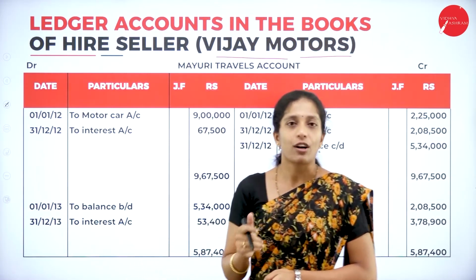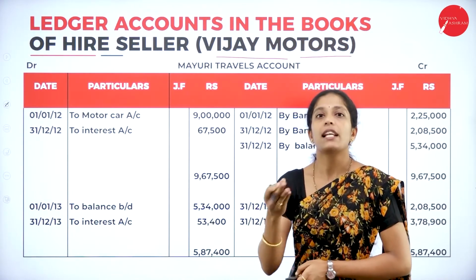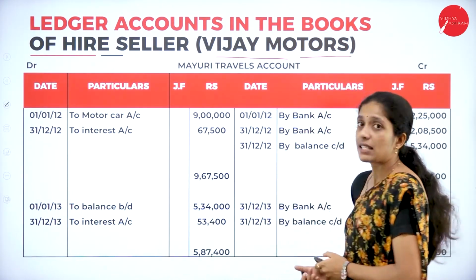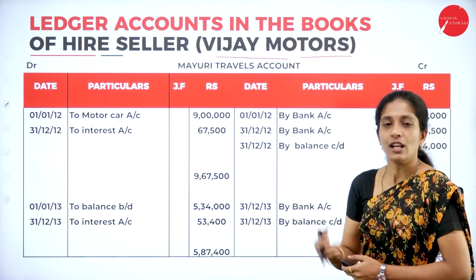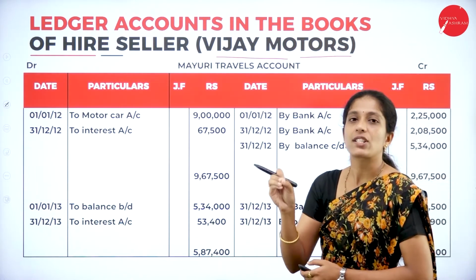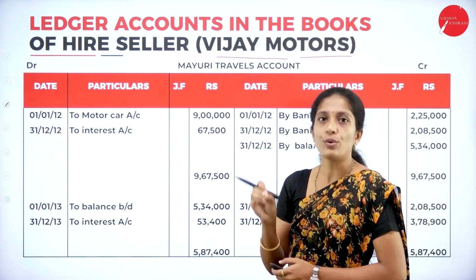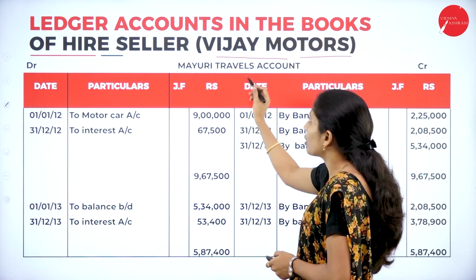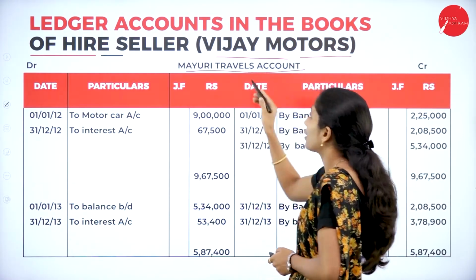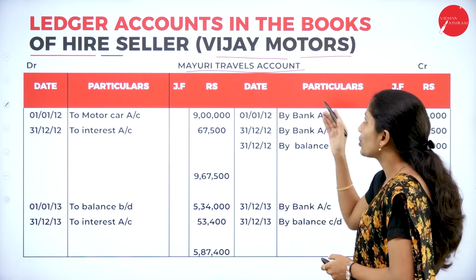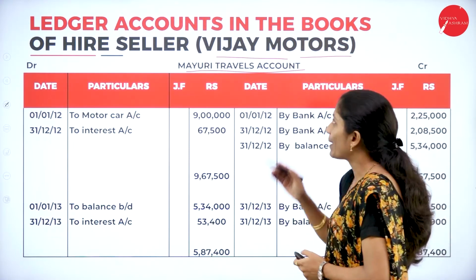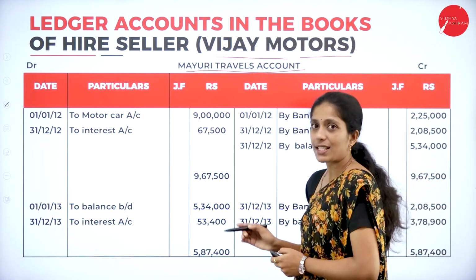Now first we shall record the first entry, that is selling of the asset. When the asset is sold by the hire seller, what is the entry? Hire purchaser account debit to asset account. So here we are going to prepare the hire purchaser account. Now who is the hire purchaser? MYSURU Travels. So we are going to prepare MYSURU Travels account. What is the entry?